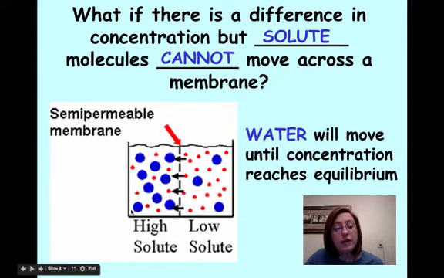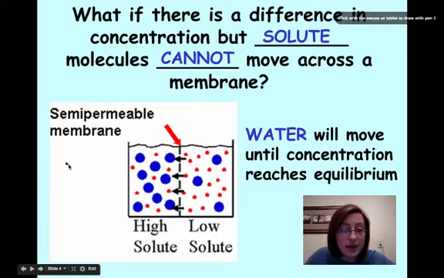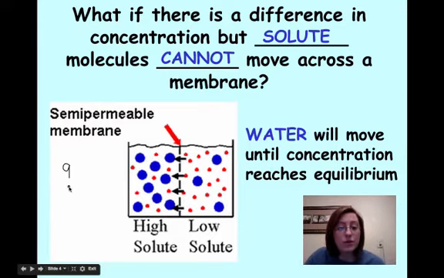So now we have to look at the ratio of how much solute to water there is. So here we have lots of solute and very little water. Okay, let's count them up. We got 1, 2, 3, 4, 5, 6, 7, 8, 9. Okay, so on this side I have 9 solute particles, and on this side I have 3 solute particles. All right, but then as far as my water molecules go, which represent the red, I have 1, 2, 3, 4, 5, 6, 7, 8.